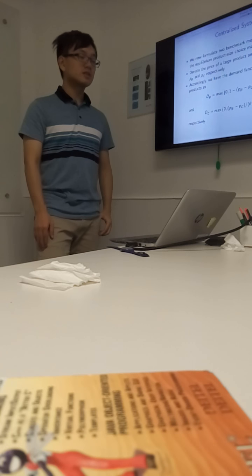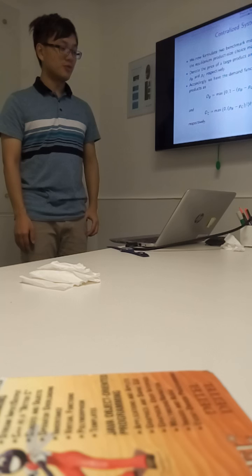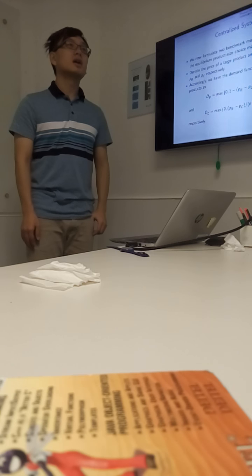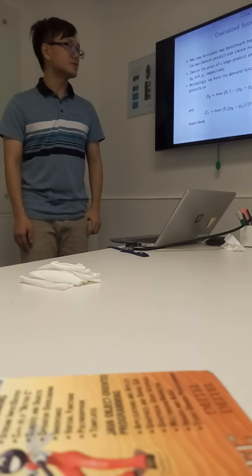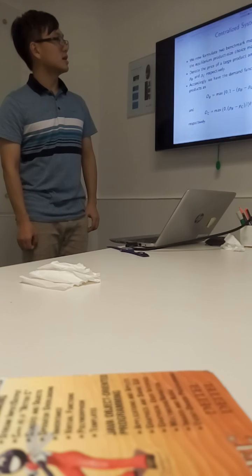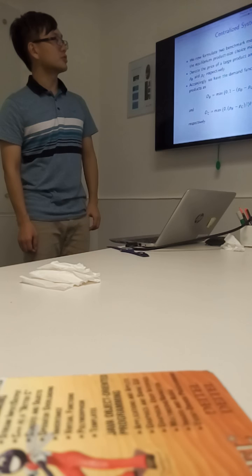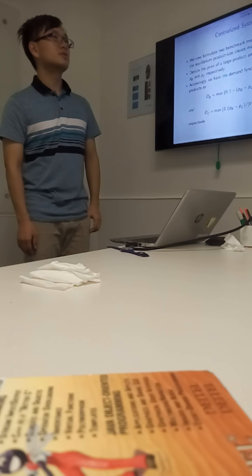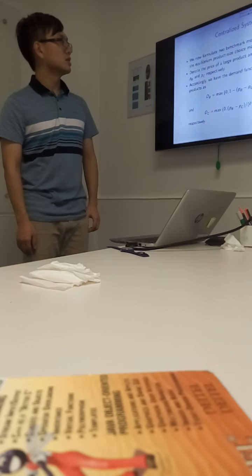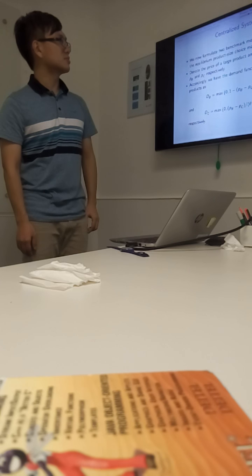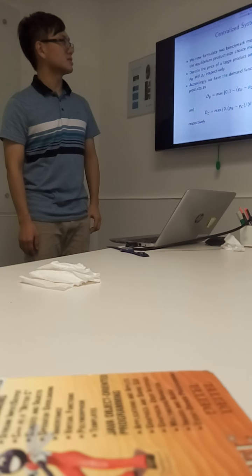Firstly, we study the centralized system. We assume that there is only one supplier in the system, and the supplier can produce both a large product and a small product. The large product's price is PB, and the small product's price is PC.